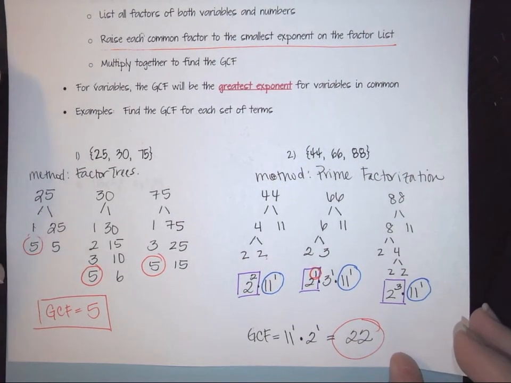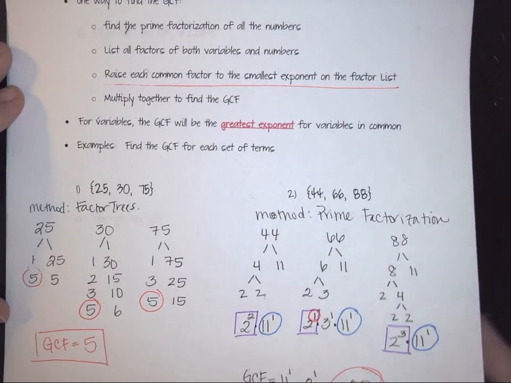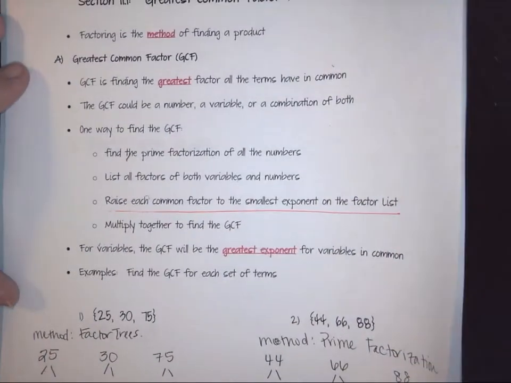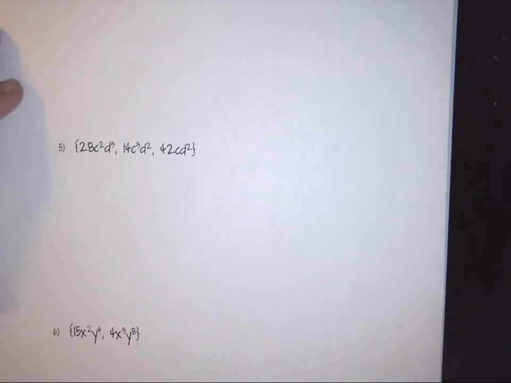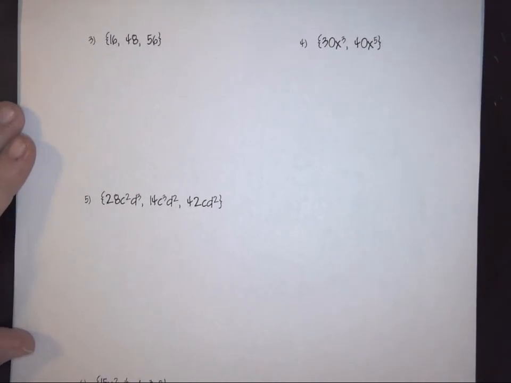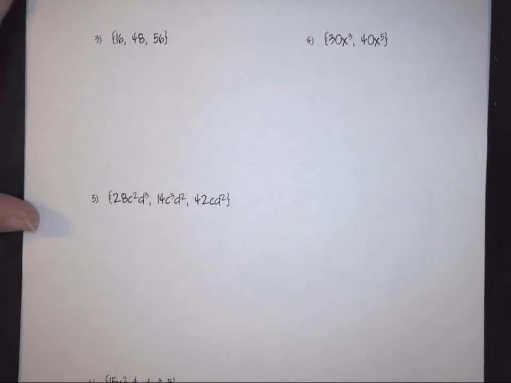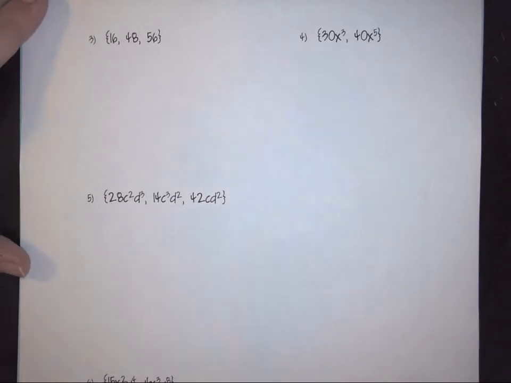Now the factor tree method is usually the simpler, more straightforward method to use. So I've got another couple examples here, and with them I'm going to show you more examples of using that prime factorization idea, since that's the more unfamiliar method for finding a greatest common factor.